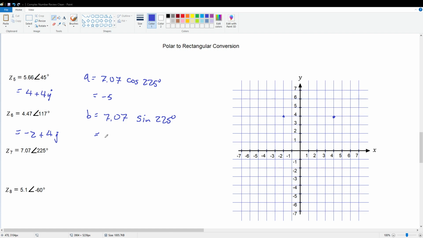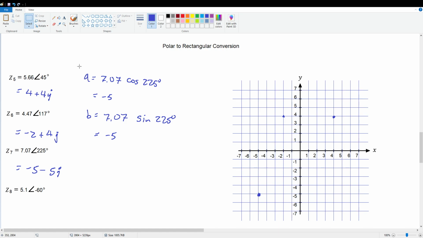Let's call that negative 5 again. So 7.07 at 225 degrees is negative 5 minus 5j. Here's our next complex number. Okay, it's on that point. Okay, next, we're almost there. I can see the light at the end of the tunnel.